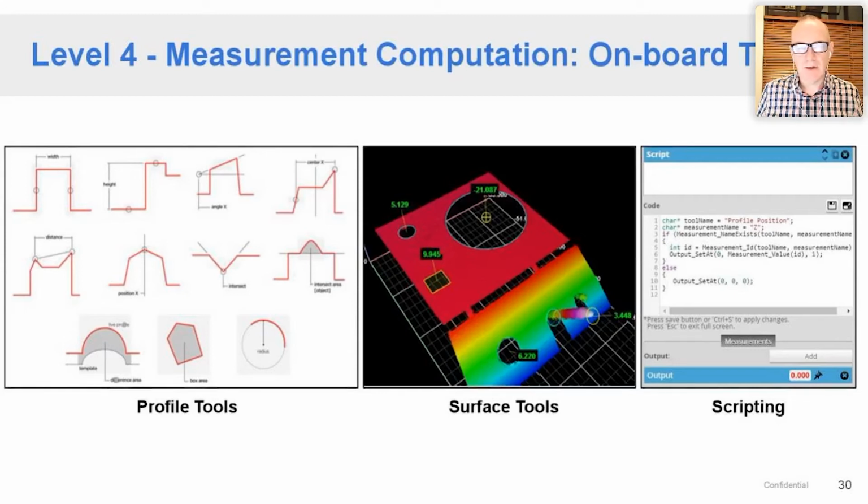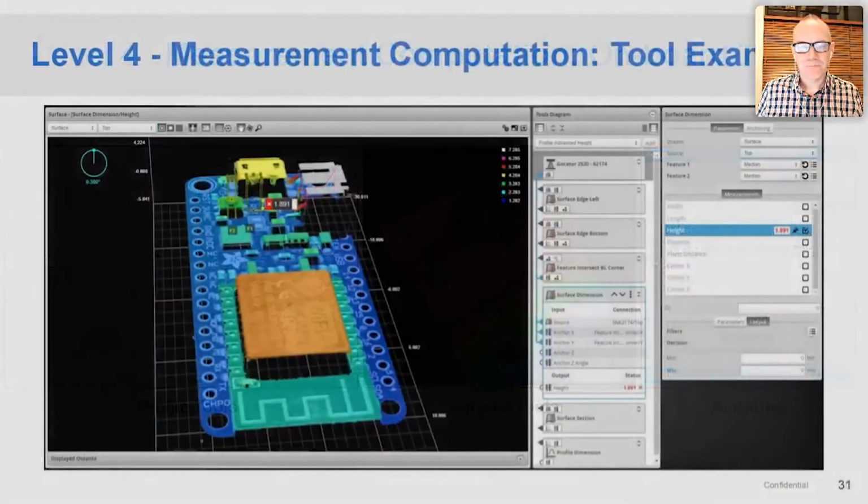And then we have a set of surface tools, which are just what they sound like, tools that you use on 3D surfaces. And then we also have scripting inside the sensor, which I'll show you. That's the ability to take measurements and write a little program that produces an answer that you're looking for. You might take multiple measurements and do some math inside the sensor. So these are all things that work inside the sensor.